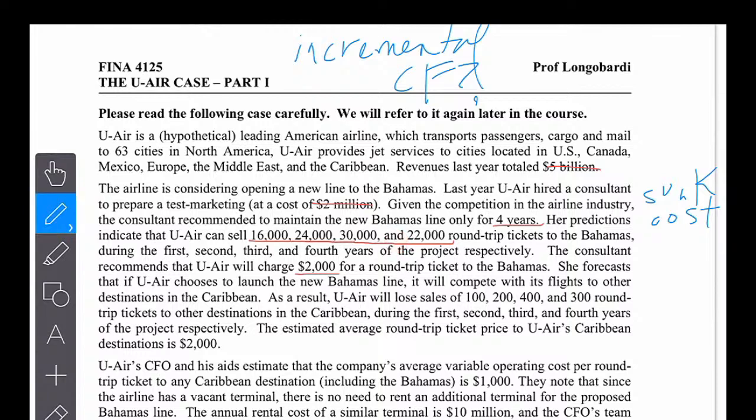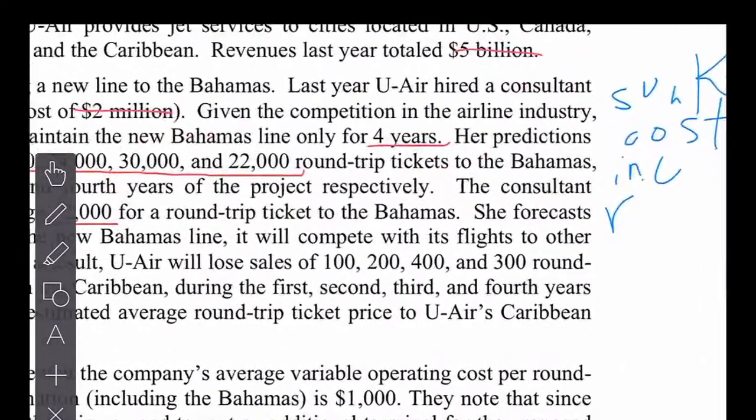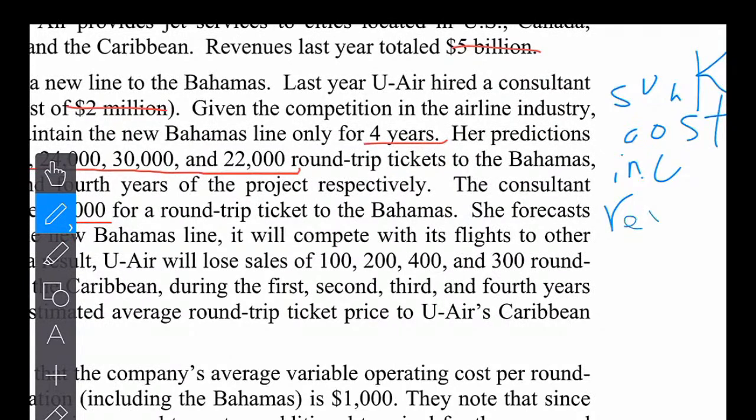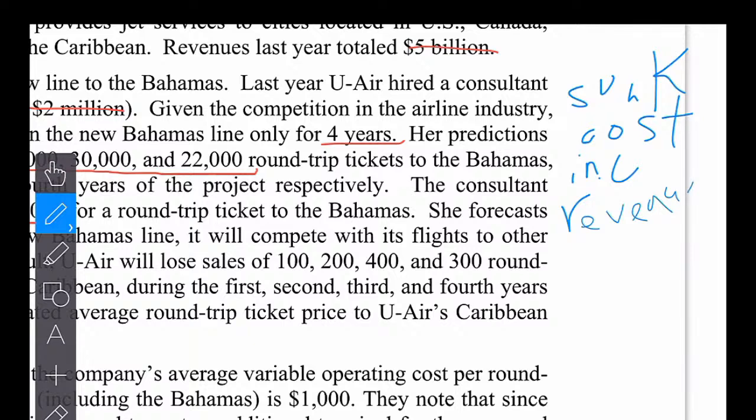It's an incremental cash flow, but particularly it's known as incremental revenues.